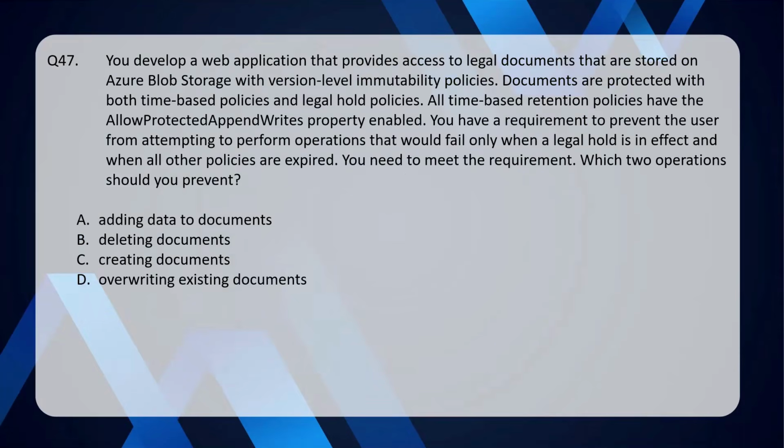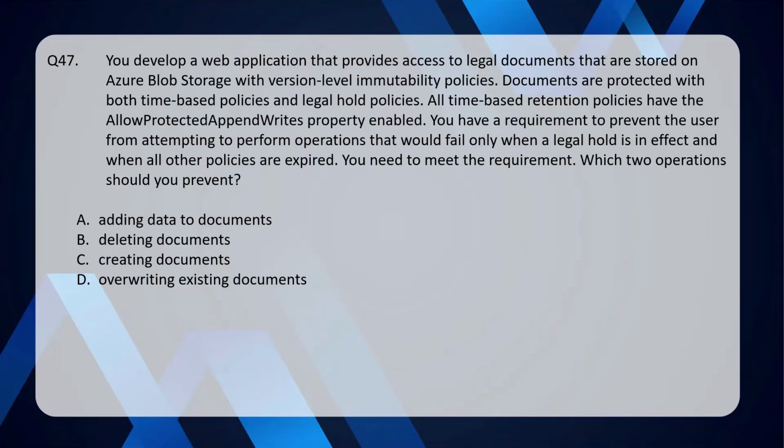Let's look at question number 47 of the series. You develop a web application that provides access to legal documents that are stored on Azure Blob Storage with version level immutability policies. Documents are protected with both time-based policies and legal hold policies. All time-based retention policies have the allow protected append rights property enabled.